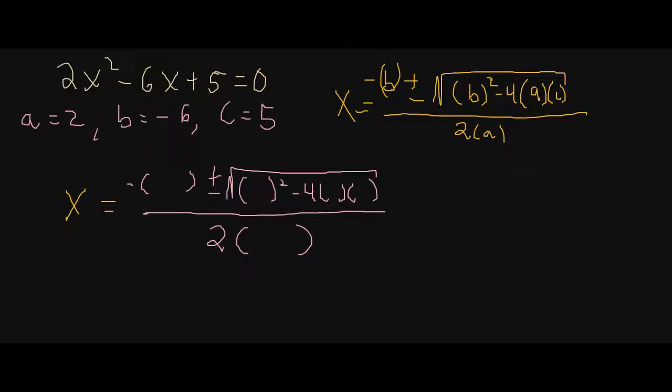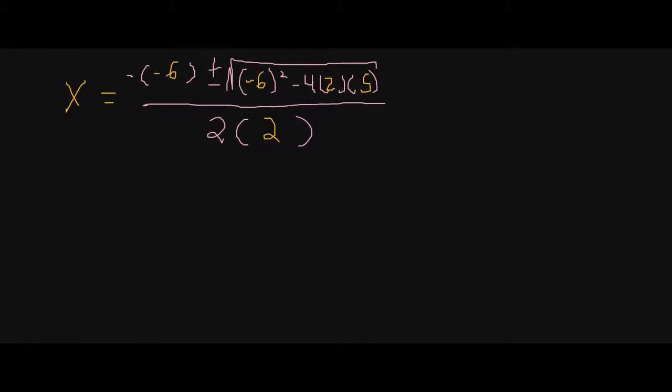This is b, so my value is negative 6, so I'll put negative 6 in here. The next term is a, my a value was 2, so I'll put 2, and then this is 5 because it was c. And over here, this is 2a, your a value is 2, so I put 2 here.